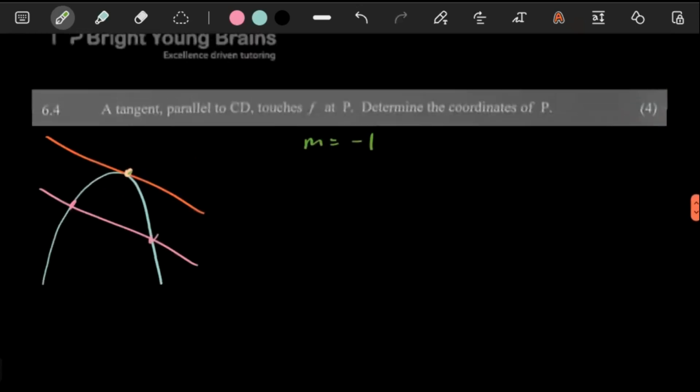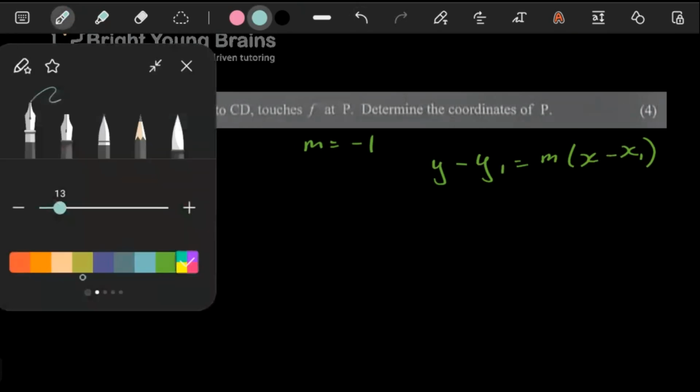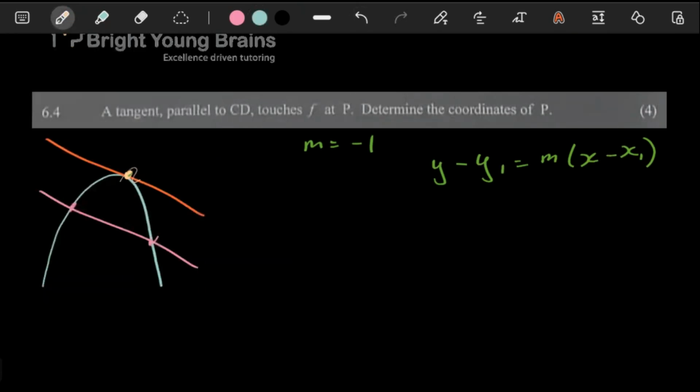Since our gradient is -1, we need a coordinate that the line passes through for us to use our formula to get the equation of our straight line. To get this coordinate, we can use the equation of f of x, where we need to find the coordinate where the gradient is -1.